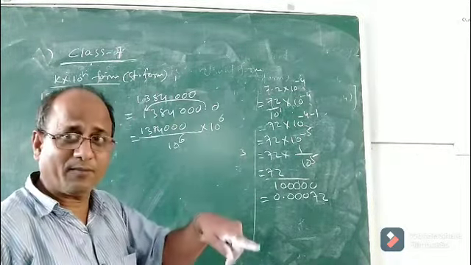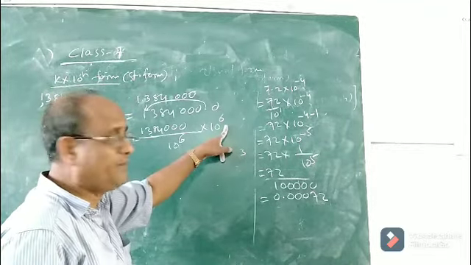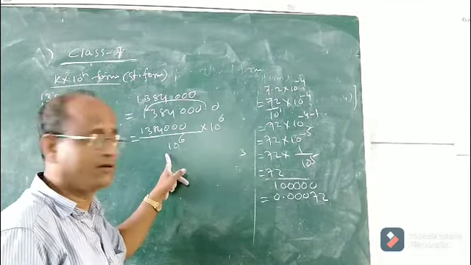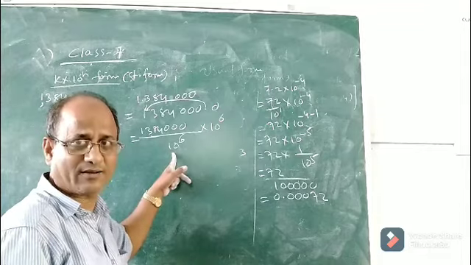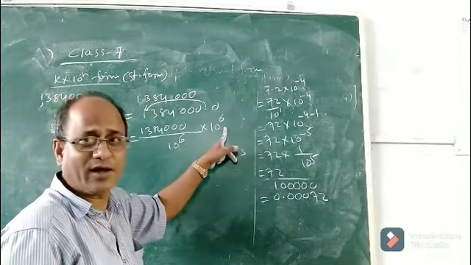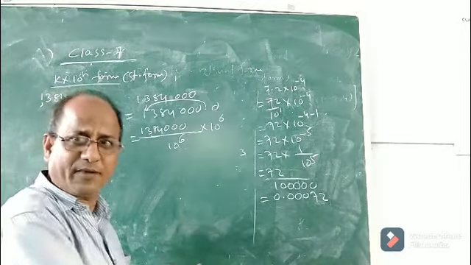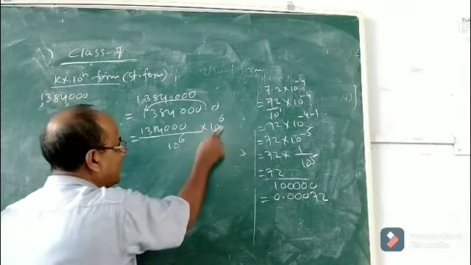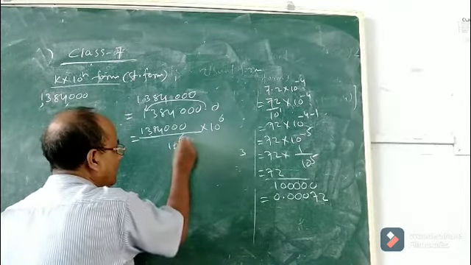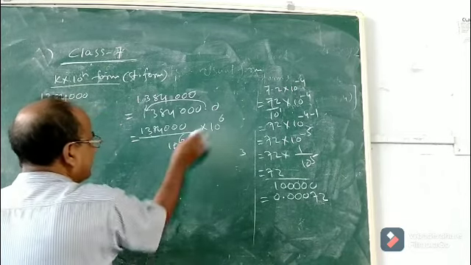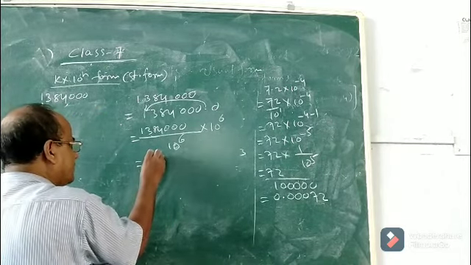But when it is shifted from left to right, this will be kept silent and this will be in operation. Means you have to work out, keeping this one silent. But here we are shifting the point from right to left, so this will be kept silent and this will be operated. Operated means it will be multiplied, and if this is multiplied, you know what will be the result.